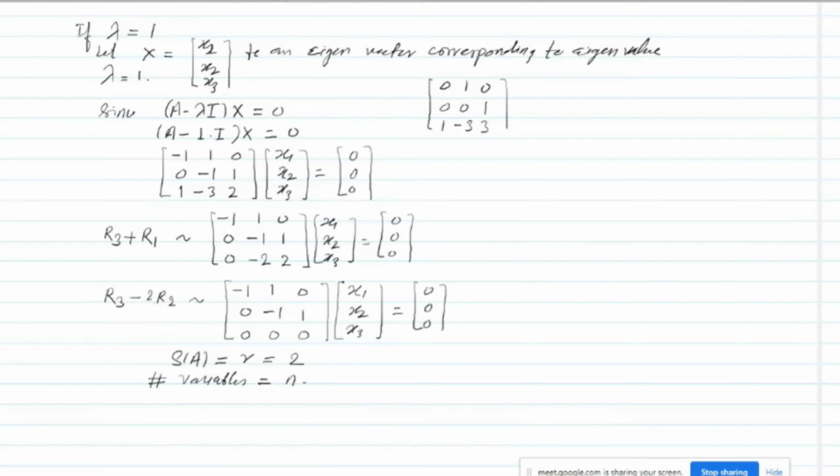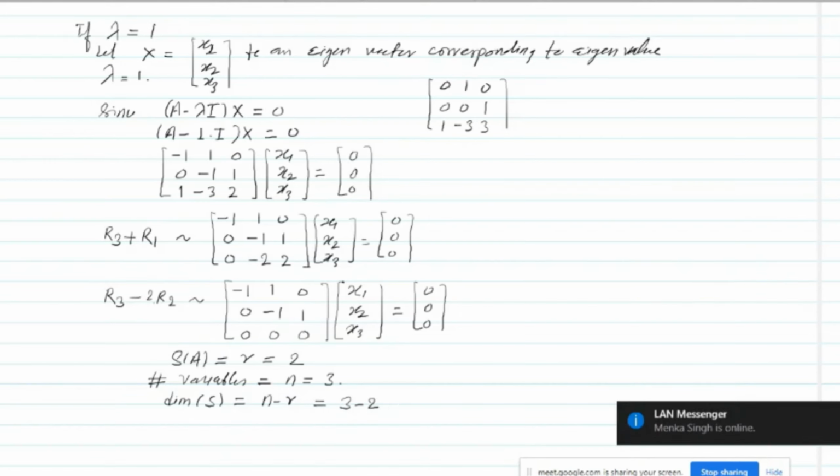n equal to 3. Therefore the dimension of the solution space S is equal to n minus R, where n is 3 and R is 2, and this is equal to 1.